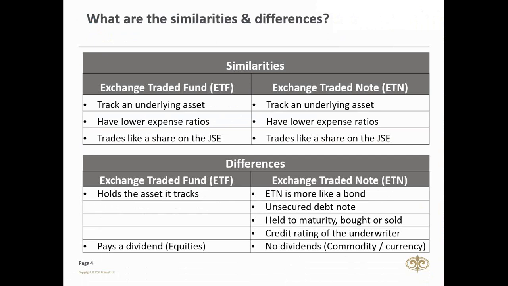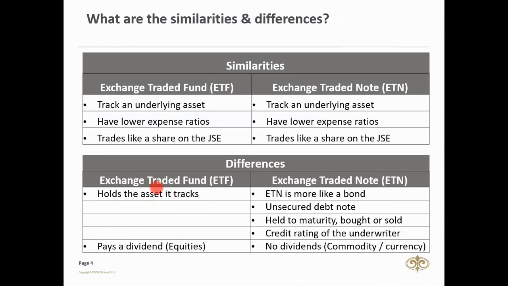So just understand that ETNs do not actually hold physical gold or silver, whatever the case might be, because most of them are exposed to either commodities or currencies and things like that. So they don't actually hold it. They usually have exposure to the spot price, whereas an ETF, like I mentioned just now, New Gold, will hold physical gold bullion.